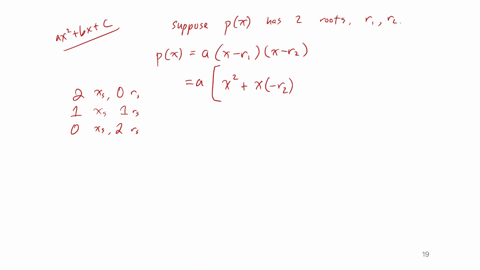Right, so I get this multiplication, right? And then plus x times negative r1. And then there's the last case where I just multiply the two r terms together. So I have plus negative r1, negative r2.